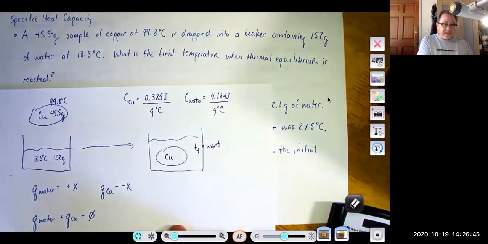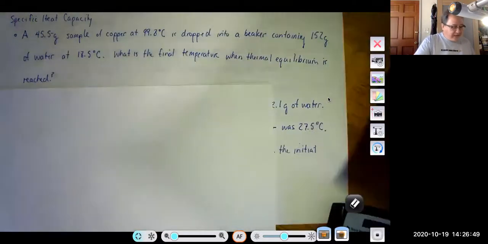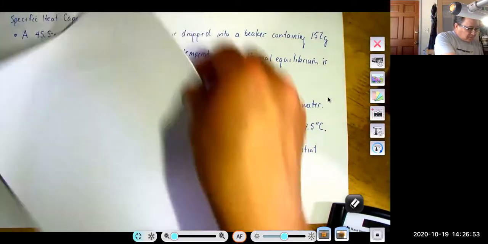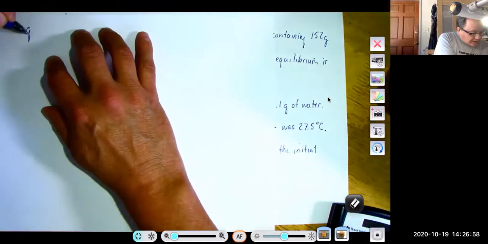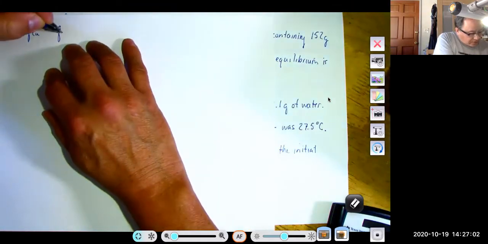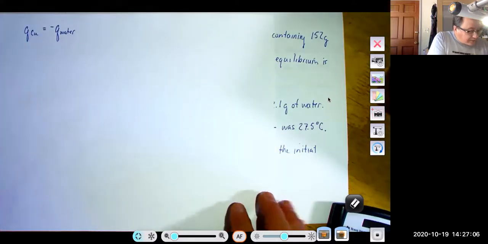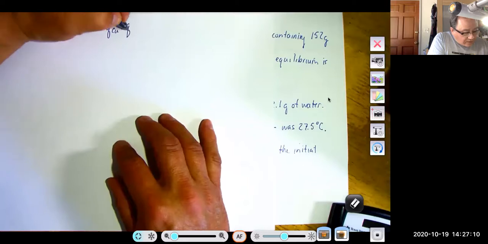Now what I can do is I can mess with this. So I'm going to put this sheet off to the side. And what I'm going to do here is write out that the Q of the copper is equal to negative Q of the water. Or I could write out, and this comes from, Q of the copper plus Q of the water is equal to 0.